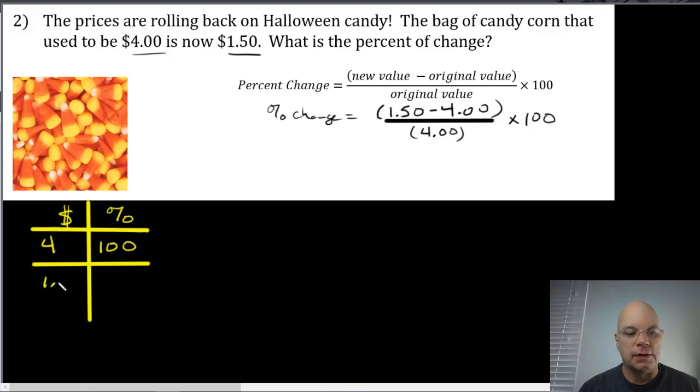The $1.50 is the new price, so we just want to know what percent that is. Now X won't be the answer to the question. X won't be the percent change. But once we know X, we can calculate the percent change by finding the difference between the original percent, 100%, and the new percent. So you can try solving it using either one of those methods, and then come back after the pause and we can compare which one seems more efficient.